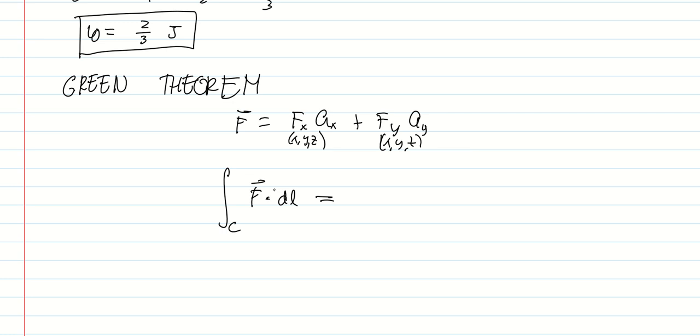This is just equal to the integral of the partial derivative of F_y with respect to x minus the partial derivative of F_x with respect to y, multiplied by the differential area, the magnitude of the differential area, which is dx dy over that certain curve.